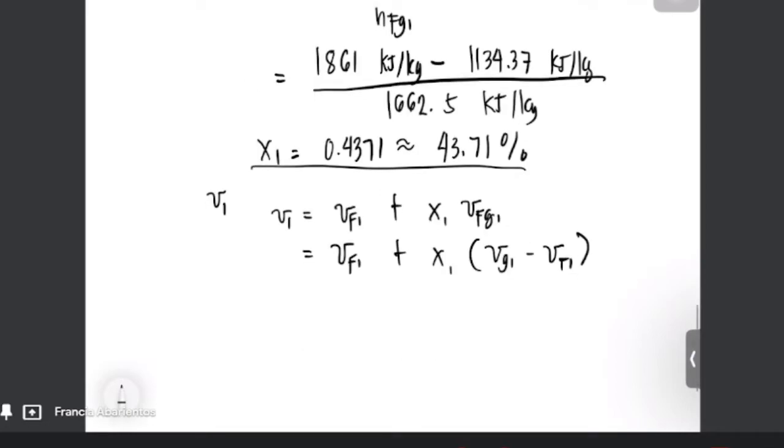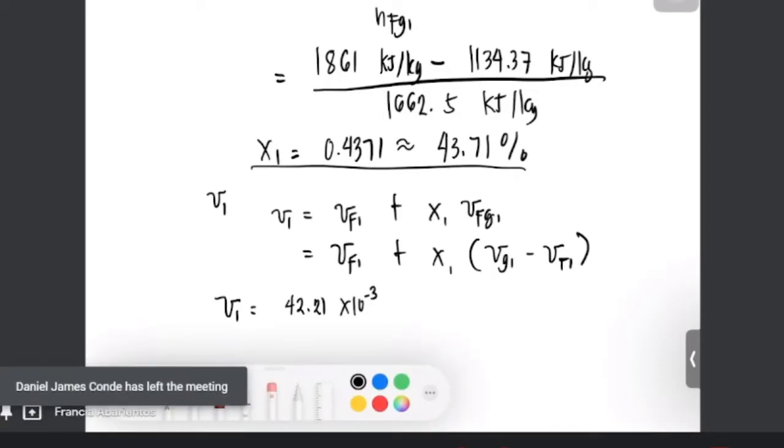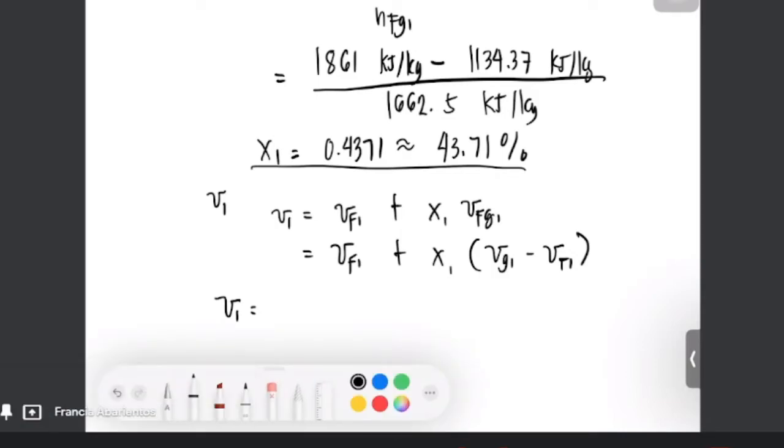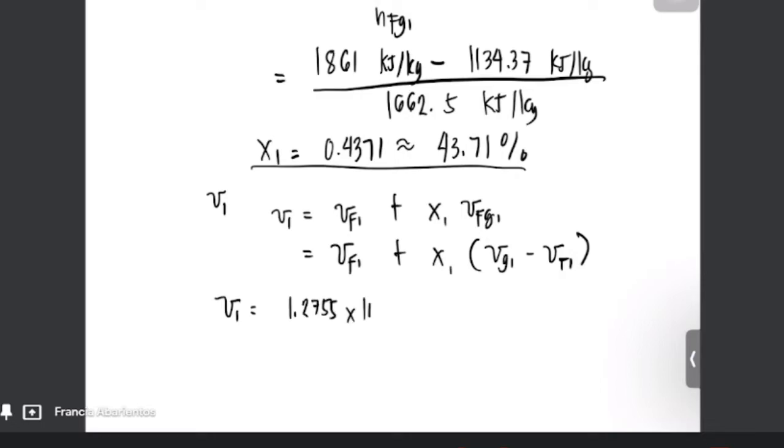Okay. What is now your specific volume at point 1? Sa steam table natin, doon pa rin tayo sa 260. We have 42.21 times 10 to the negative 3. Ay, mali. Vg pala to class. This is Vg. Ayan. So, balik tayo dito. We have Vf, 1.2755 times 10 to the negative 3. Ayan ha. Ngayon, pag-present ng solution nyo pa sa akin.